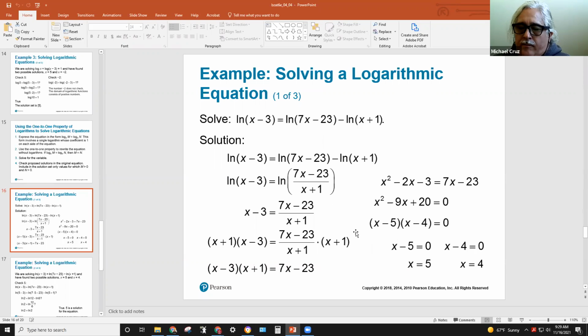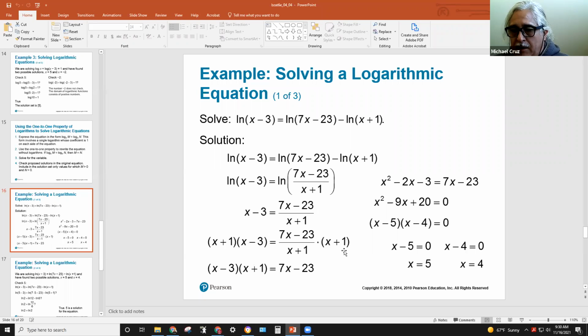All right, now what are we doing once we get it like this? Well, now it's got a rational term in here. In other words, this one is fractional. So rather than deal with that and try to figure out what to do, we're just going to multiply by that LCD, which is x plus 1. When we multiply on this side, we're multiplying the x minus 3.